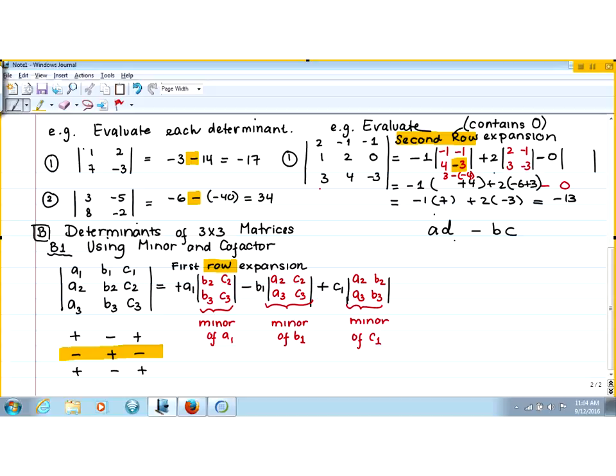Negative 1 times 4, which is negative 4. So this is 3 minus negative 4, which is 3 plus 4, which is 7.